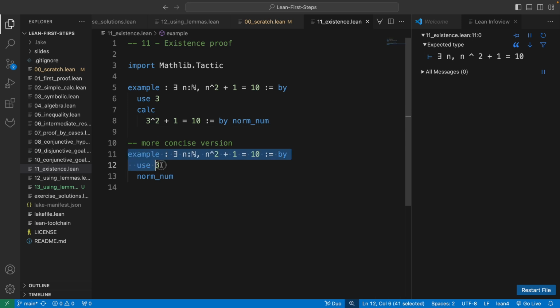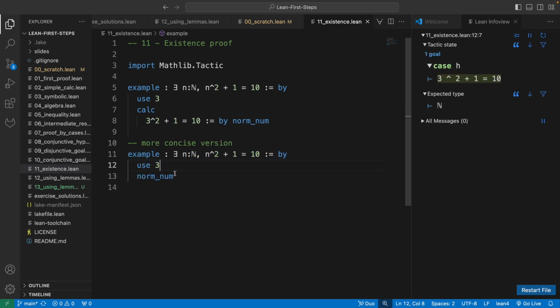Now you might see here a second version of that, which is shorter. After use 3, the proof objective is 3 squared plus 1 is 10. And because that's so simple and can be done almost in one line by one tactic, you can just apply the tactic.